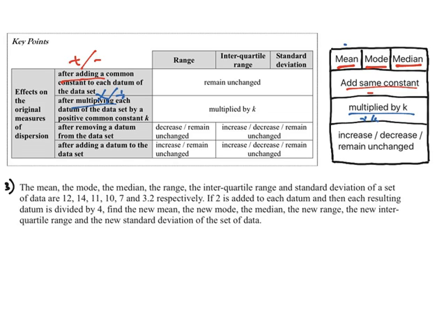That means for the mean, mode, median, add then add, multiply then multiply. If some data are removed or added, it will increase or decrease or remain unchanged, depending on the data.